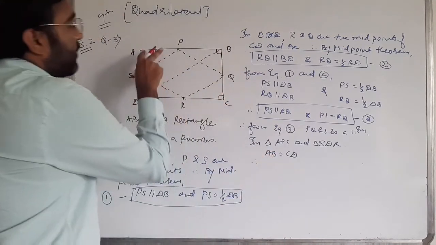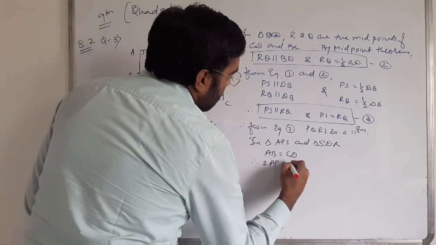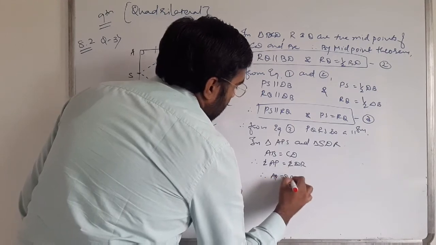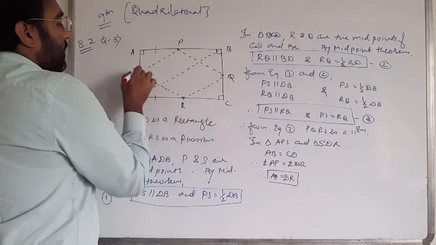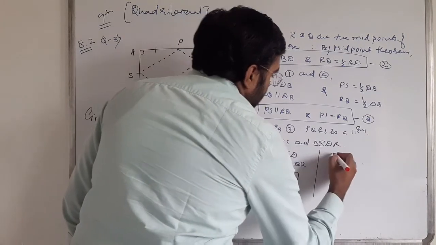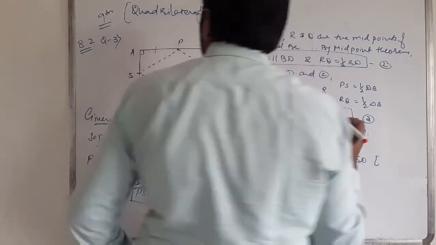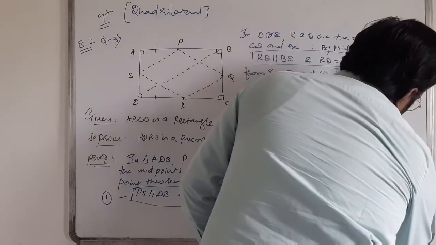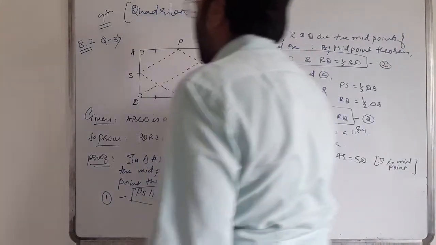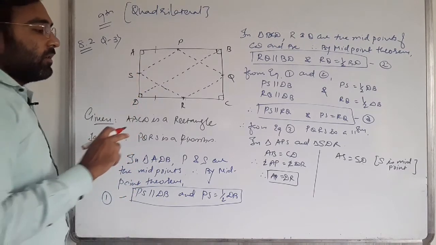Therefore 2 times AP is AB and 2 times DR is CD, so AP is equal to DR. Second, S is also the midpoint of AD, so AS is equal to SD.